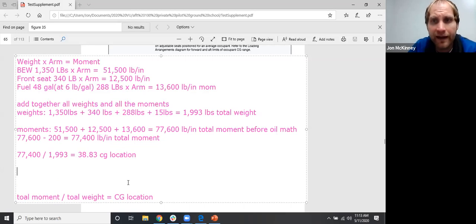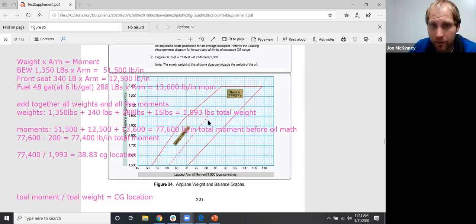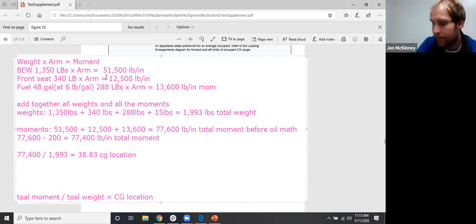But in this example, they're actually not asking us to do that math. I just demonstrated that to you right now. What this question's actually asking is for us to use the chart here. So what we're seeing is, if we want to do this particular problem with the chart, I'm just going to look at it here.